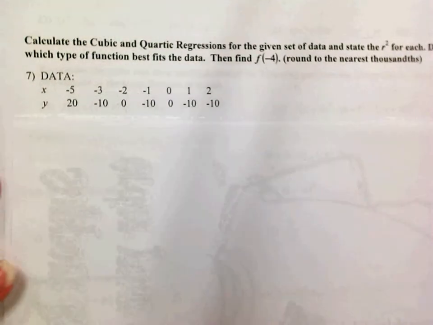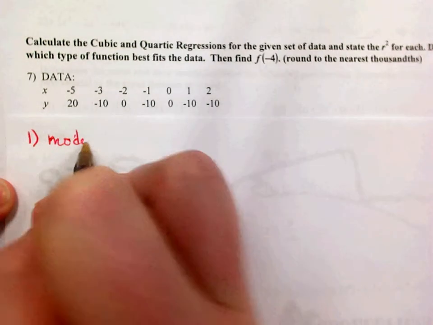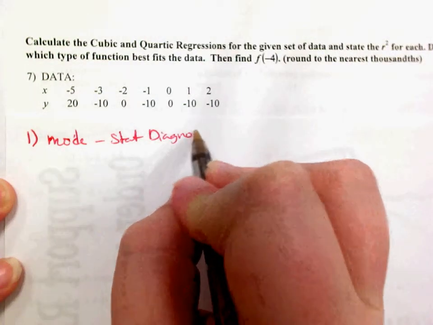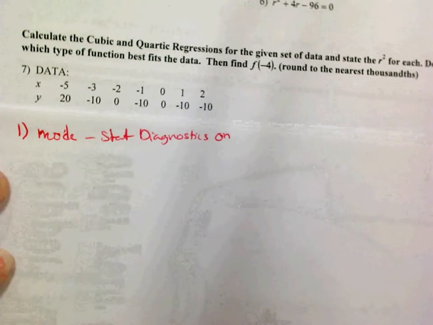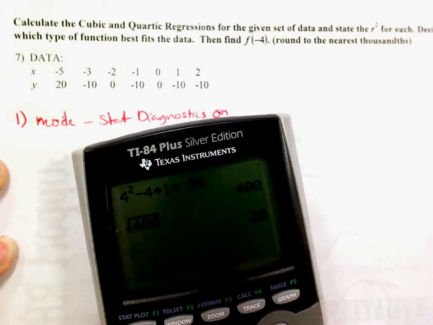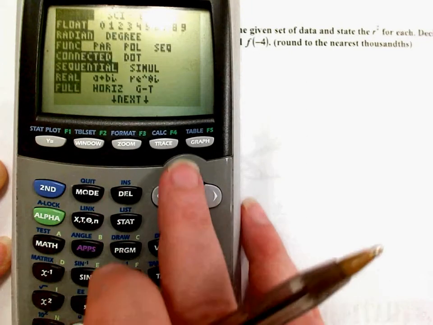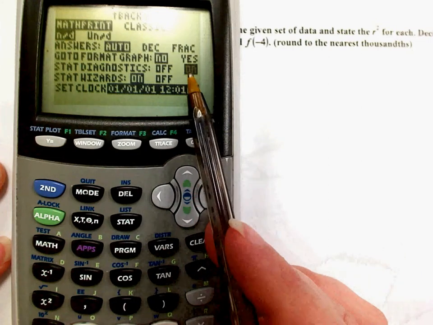First, I'm going to go to mode. I'm going to make sure my stat diagnostics are on. Mode is right here. I'm going to go up to stat diagnostics. Mine are already highlighted on, so I'm good. If not, you press enter and then save and quit.